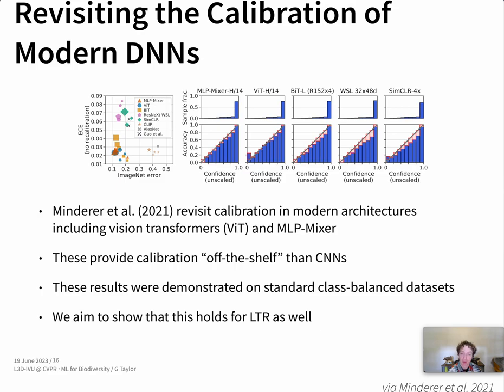This is actually positive news, that this calibration issue may be something specific to CNNs. But they demonstrated these results on standard class-balanced data sets. And we've been interested in exploring this in the settings that we explore in biodiversity, to see if this holds for long-tailed recognition and under distribution shift too.